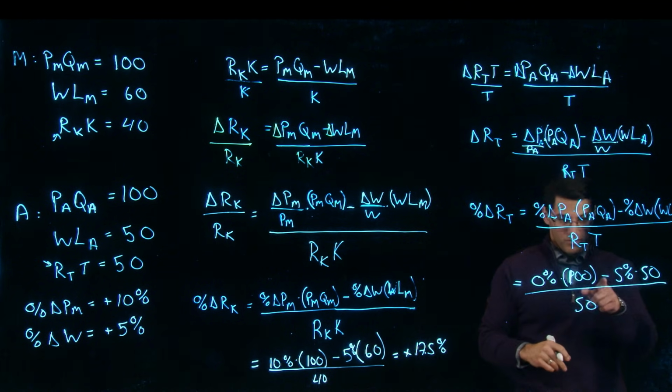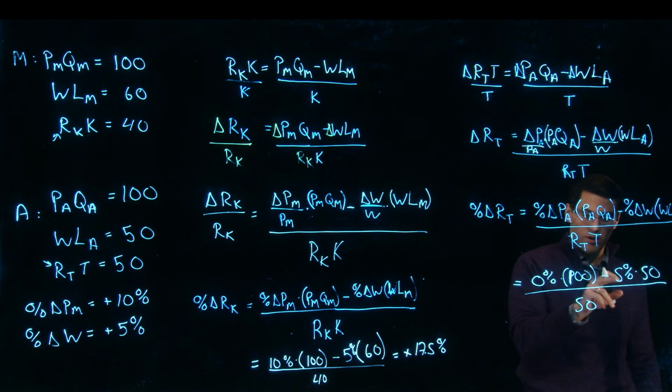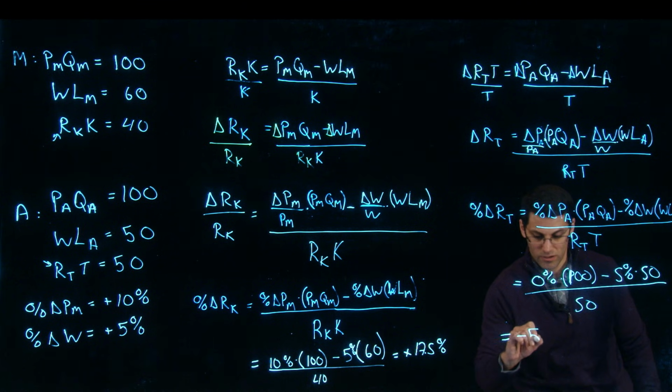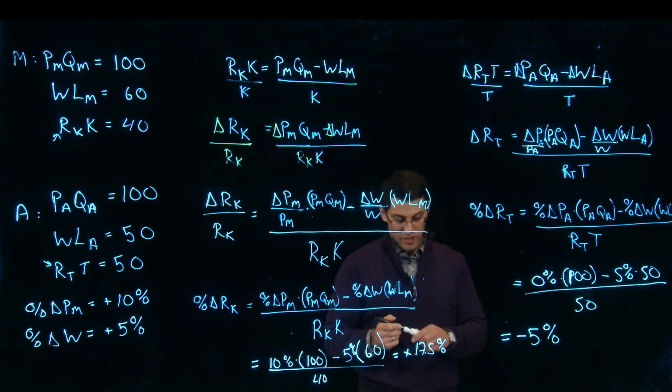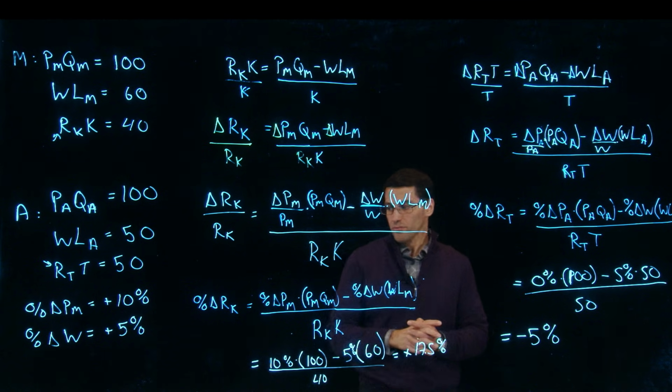The first term pops out to 0 because it's 0% times 100, minus 5% times 50 over 50, or in other words, minus 5%. So we can see here everything that we showed graphically and algebraically earlier.